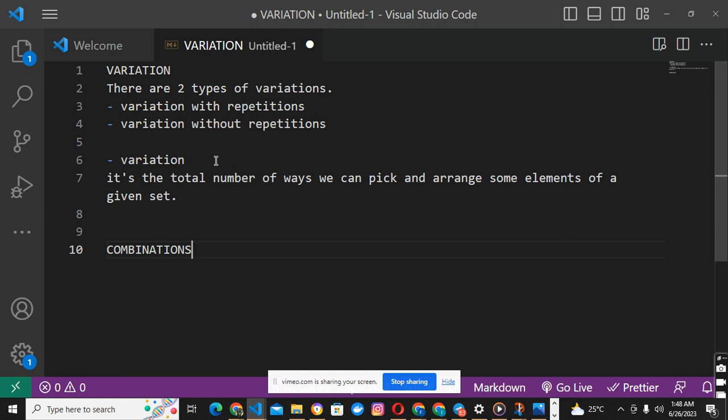Let me give a definition to it. Combinations are the numbers of different ways we can pick certain elements of a set. Let me type that out so that you can take note of that.